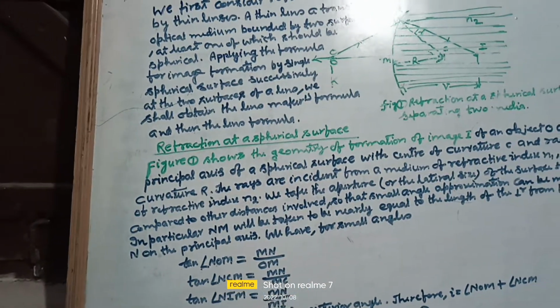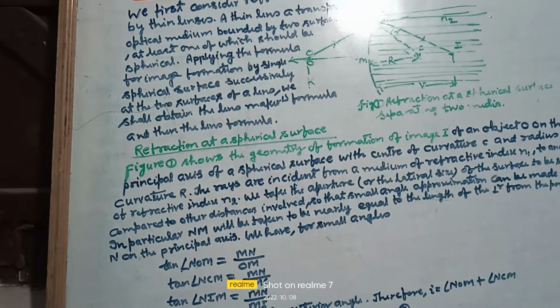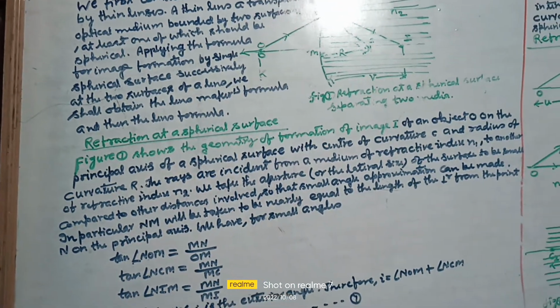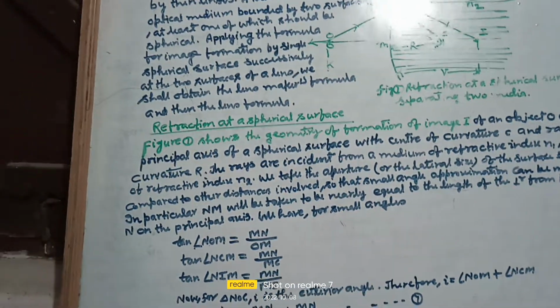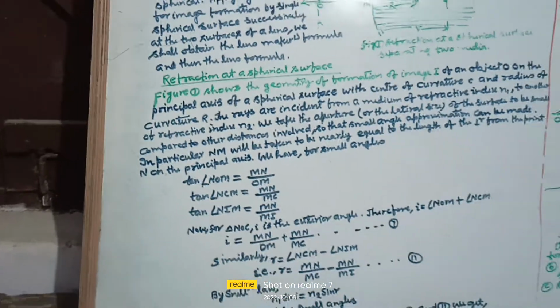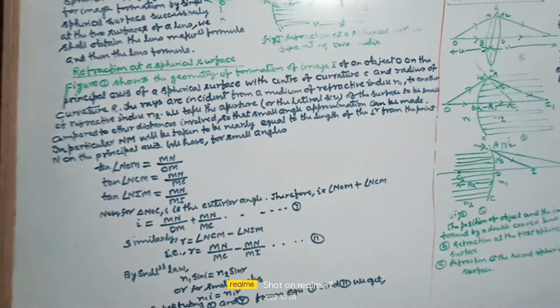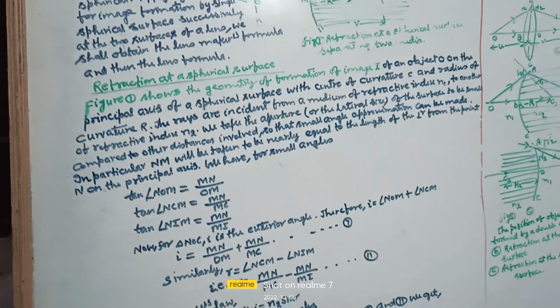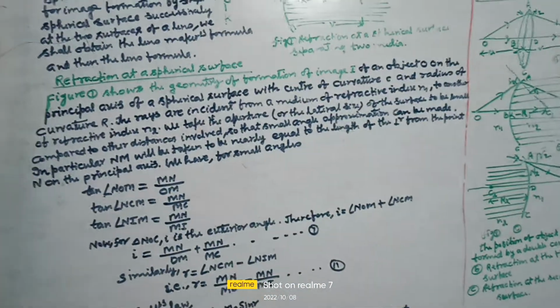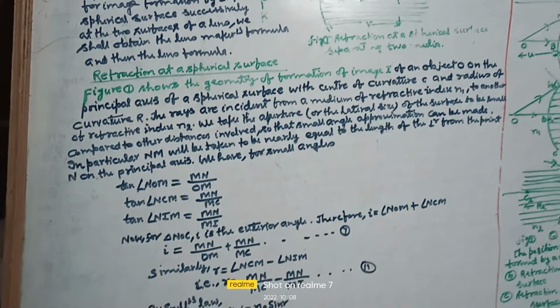In particular, NM will be taken to be nearly equal to the length of the perpendicular from the point N on the principal axis. We have for small angles, tan NOM = MN/OM, tan NCM = MN/MC, tan NIM = MN/MI.